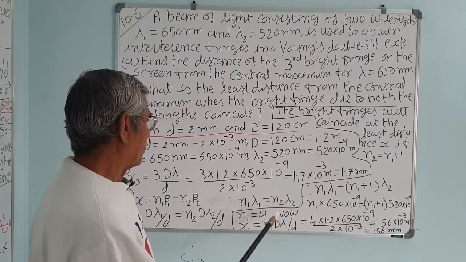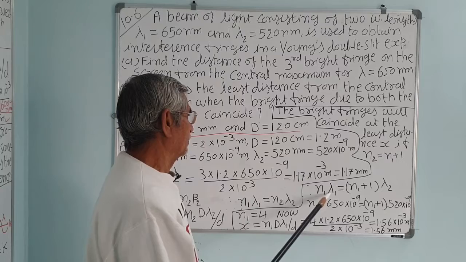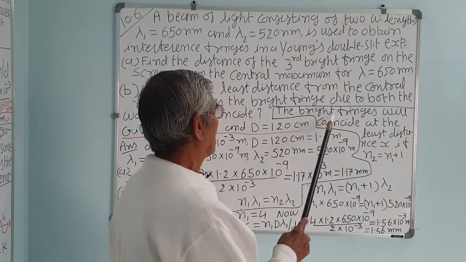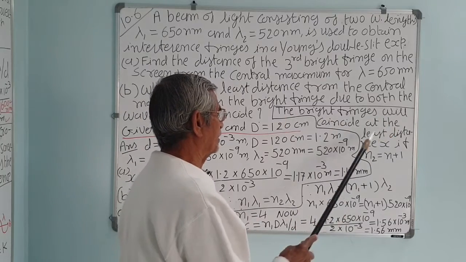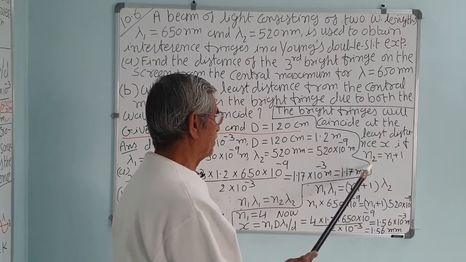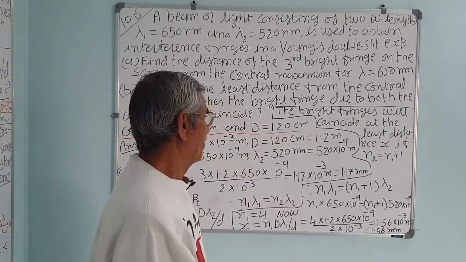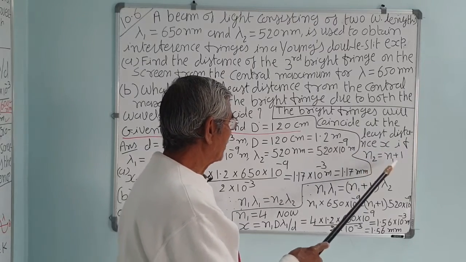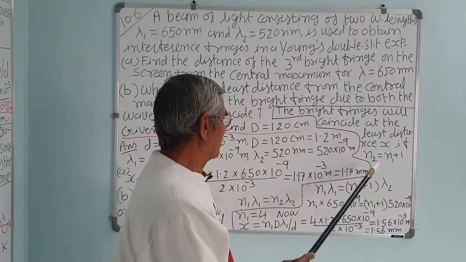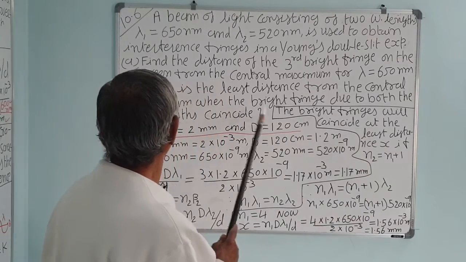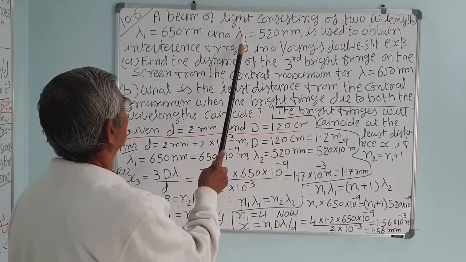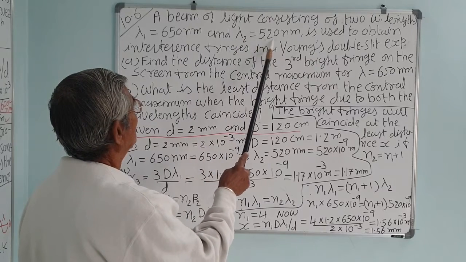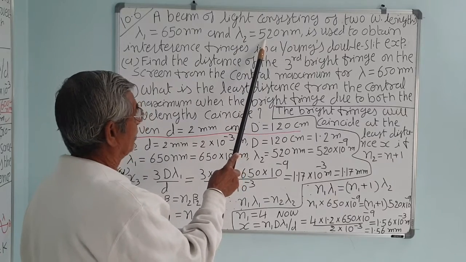So now calculate from this n1 lambda 1. Say the bright fringes will coincide at the least distance x if n2 is n1 plus 1. Why have I taken n2 as n1 plus 1, and not n1 equal to n2 plus 1? Because lambda for the second wavelength is less, so the number of fringes for this will be more. Correct.